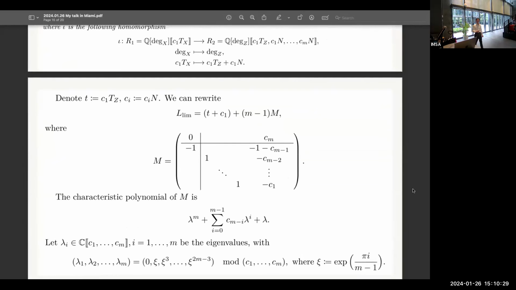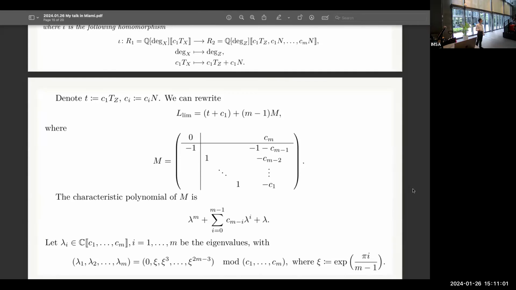So the characteristic polynomial of M is given by lambda M plus this sum of Cm minus I lambda I plus lambda. Let lambda I be the eigenvalues, lambda 1, lambda 2 to lambda n.